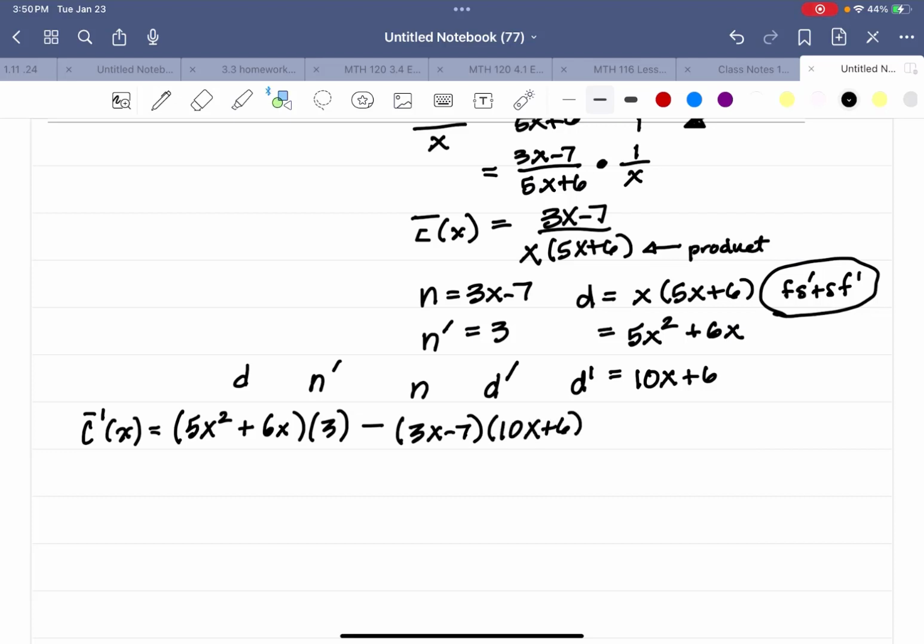All of that is over the original denominator squared, 5x squared plus 6x, all squared. If you leave it as x times 5x plus 6, you have to square the x and that, and it would still be correct if you did that.